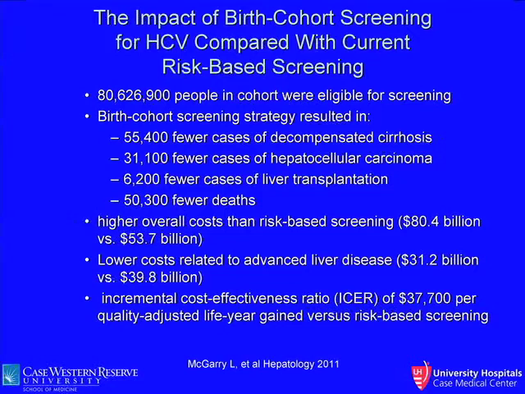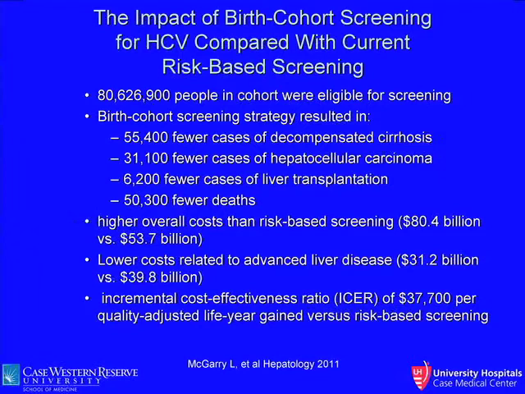That all looks great. But you would end up having more healthcare expenditures because you're now identifying more patients and treating them. Your expenditures would go up to about $80 billion just for screening versus about $54 billion. You would pay less cost in terms of treating advanced liver disease because you'd be treating it at an early stage.